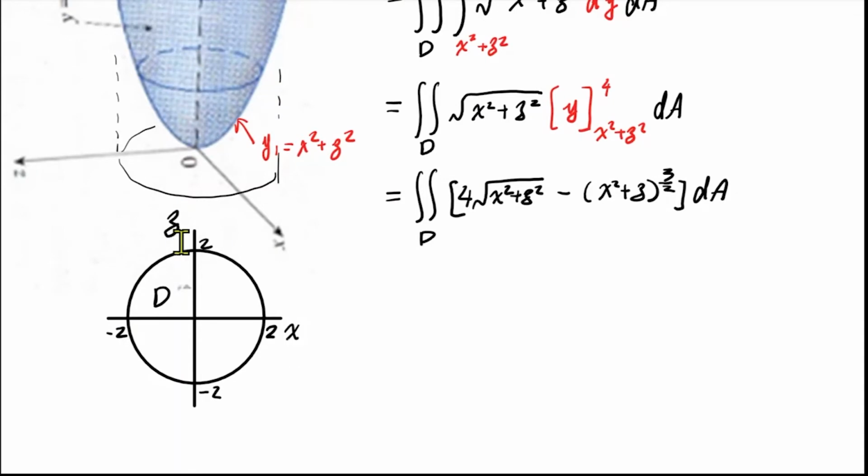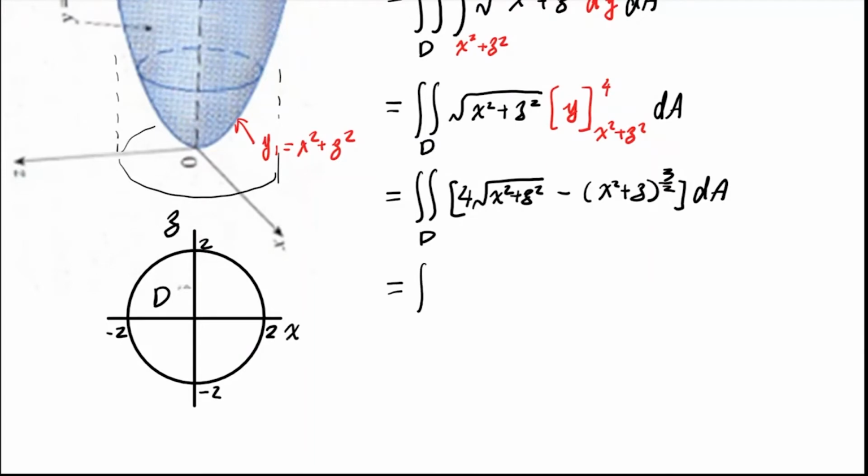Can we still go polar? Why not? Because the x, z, x, y, these are all going to disappear. This value of the integral is constant anyway, right? So these little variables don't care what they are named. So let's go polar.